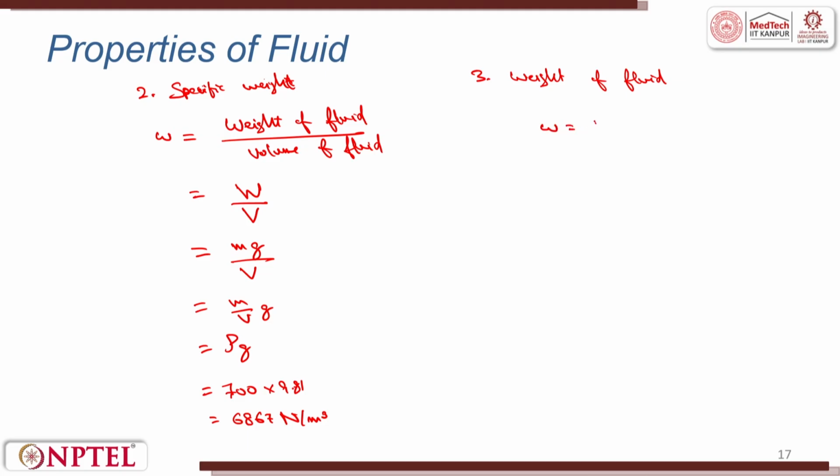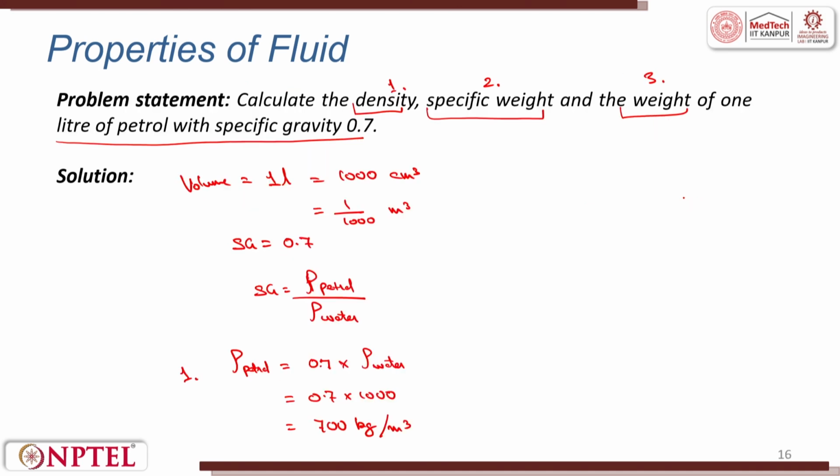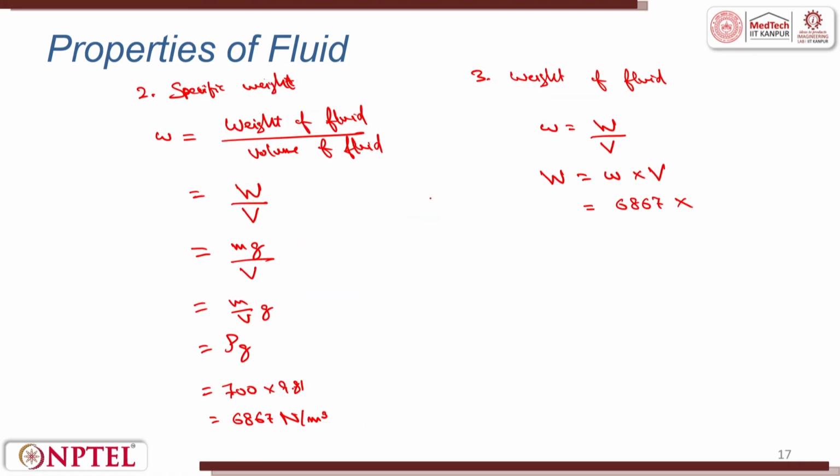Specific weight is equal to weight of the fluid per unit volume, so weight of the fluid is equal to specific weight into volume, which is already calculated. Specific weight is 6867, and volume we have seen here is 1 liter, that is 1 by 1000 meter cube. I will put this as 1 by 1000. This turns out to be 6.867 Newton. So these were very simple calculations.